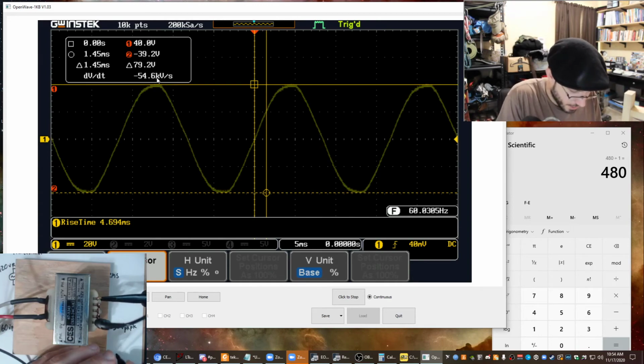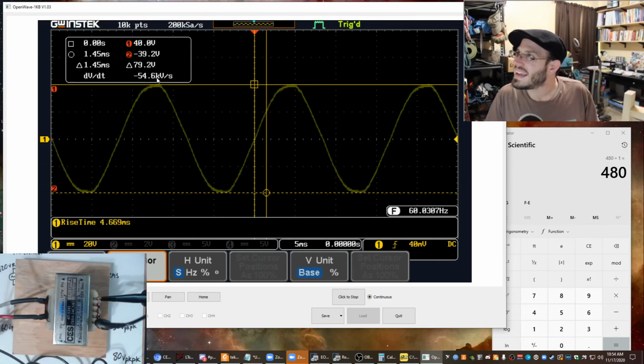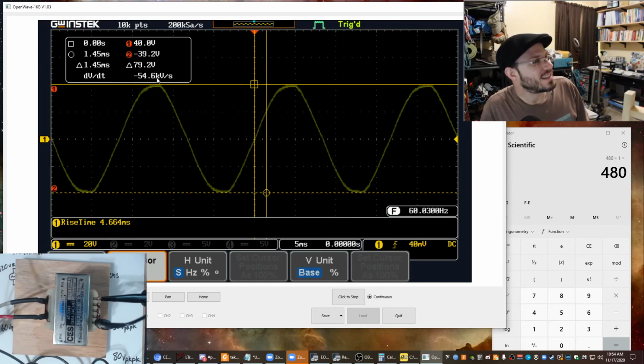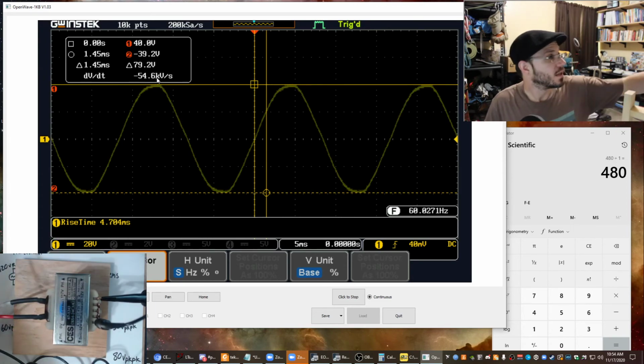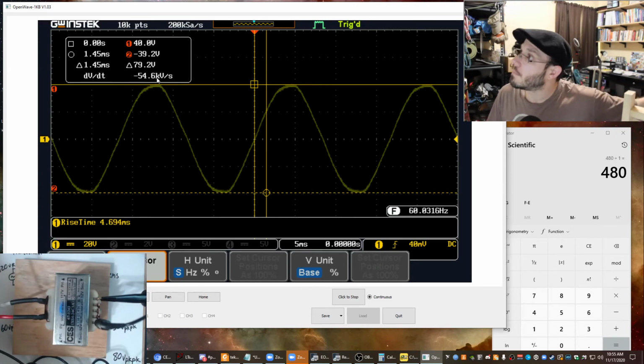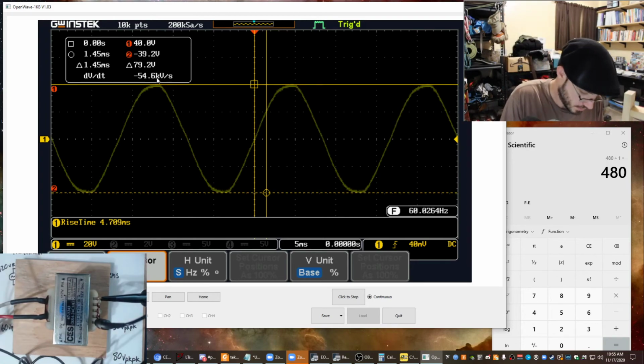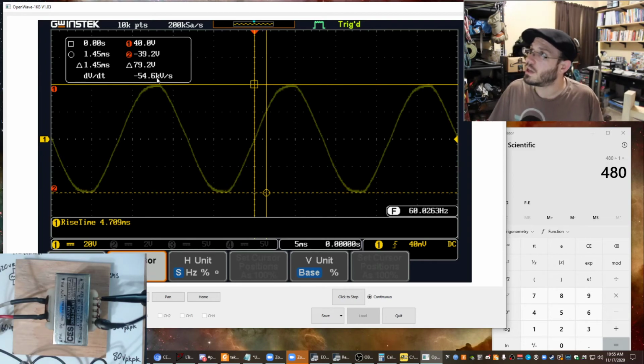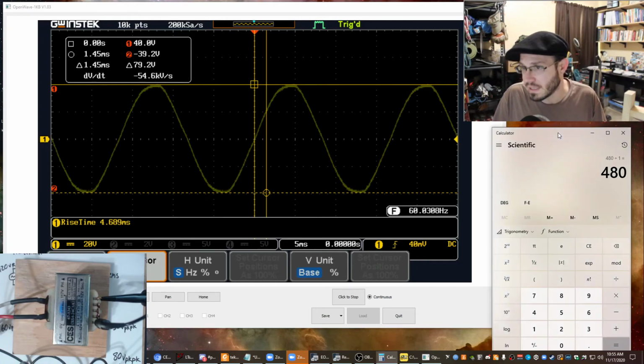I'm going to write this one down. Okay, 80 volts peak to peak is the same as if I just said 40 volts peak. And if I wanted to talk about RMS, all I have to do is take 40 volts and multiply it by 1 over root 2, or multiply it by 0.707.